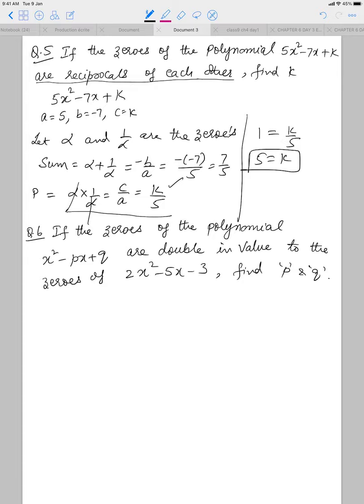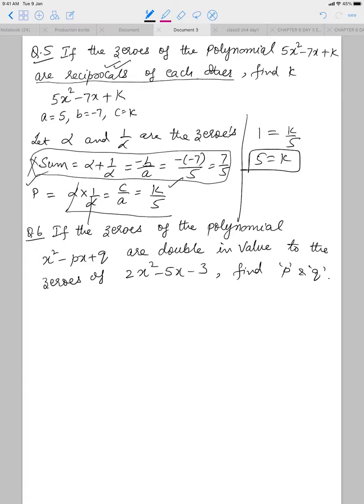So the moment you see that the zeros are the reciprocals of each other, immediately you can say the product is equal to 1. In that case we need not use this concept of sum. I just wrote it for you to understand why I am writing both of them, but ultimately it is not required.